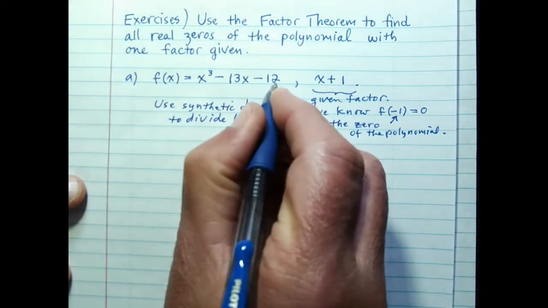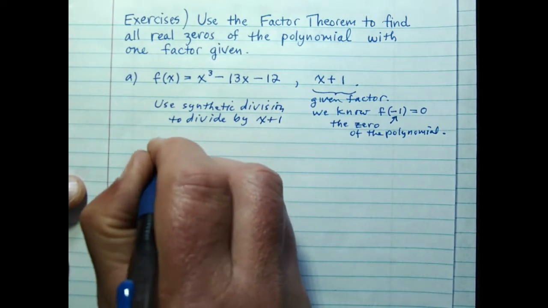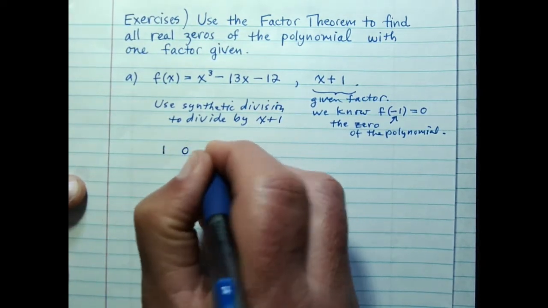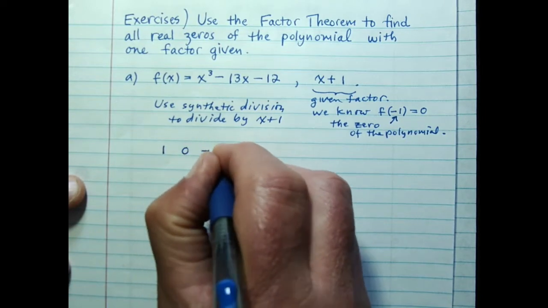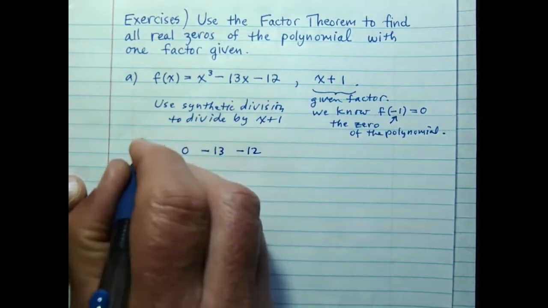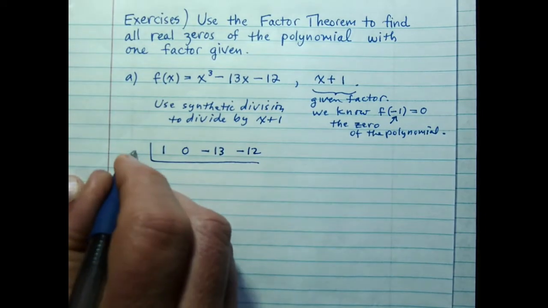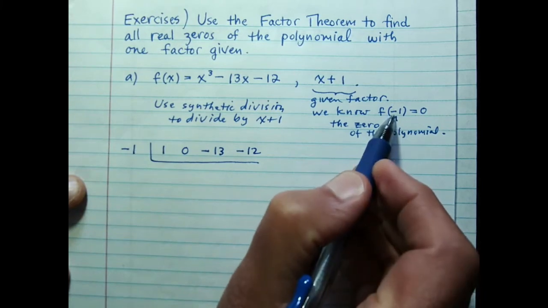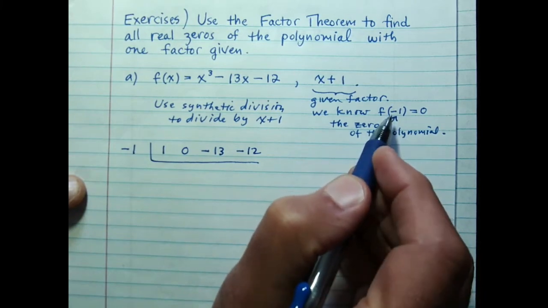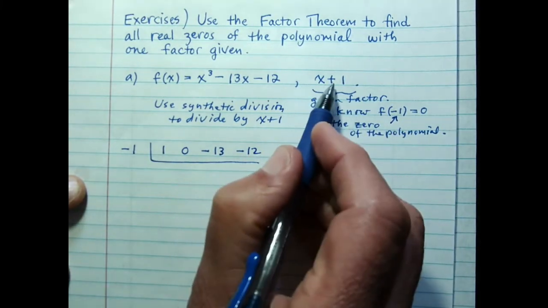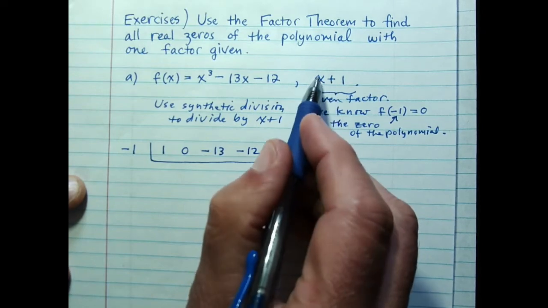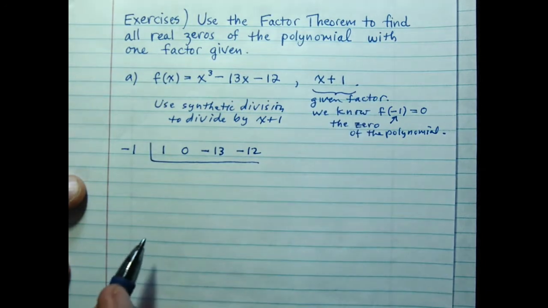I'm going to write down the coefficients of my polynomial. So 1 for x cubed. There's no x squared term, so I have to write 0. Then negative 13, negative 12. And the number that I write out in front is negative 1. It's the value of the 0, not plus 1. This x plus 1 stands for x minus a negative 1.